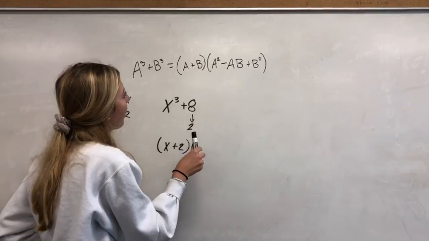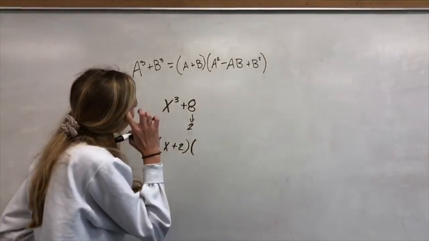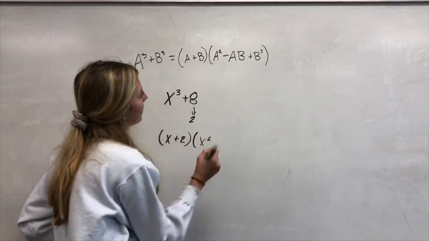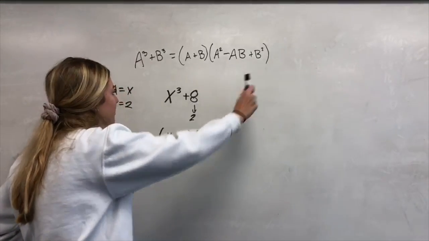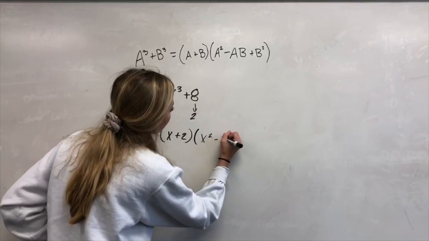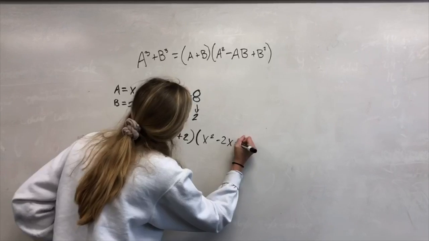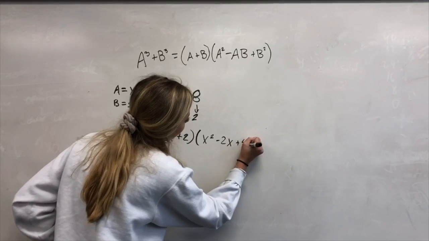Then you do a squared, so x squared. Then you do a times b, so negative 2x, and then b squared, so plus 4.